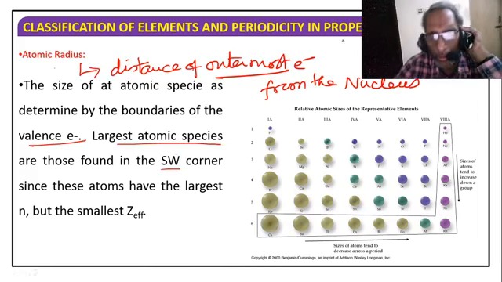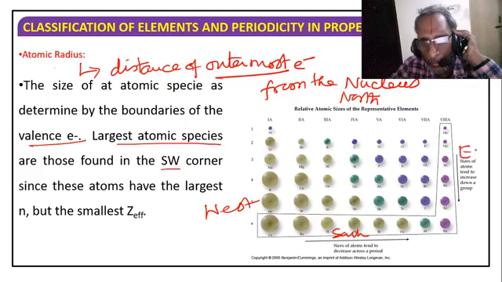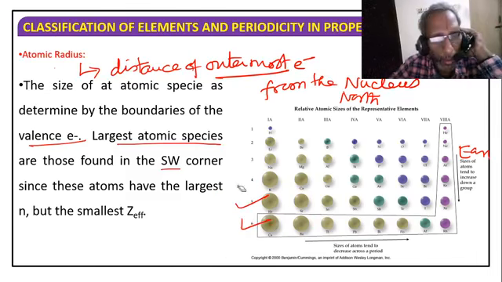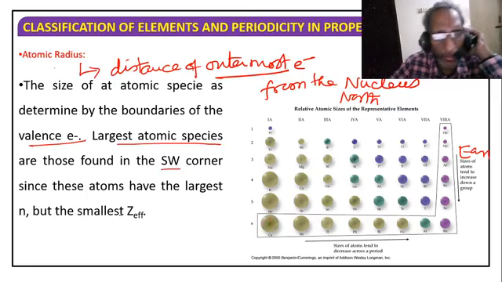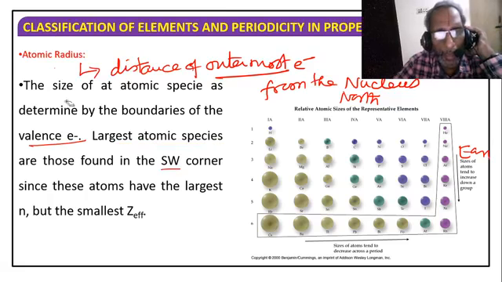North, south, west, east. Between south and west, this is called southwest. These have larger atomic size, because of small effective nuclear charge, which we will see a bit later. At present, everybody make a note.